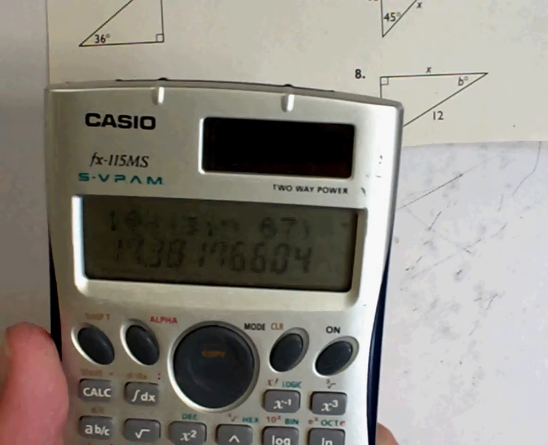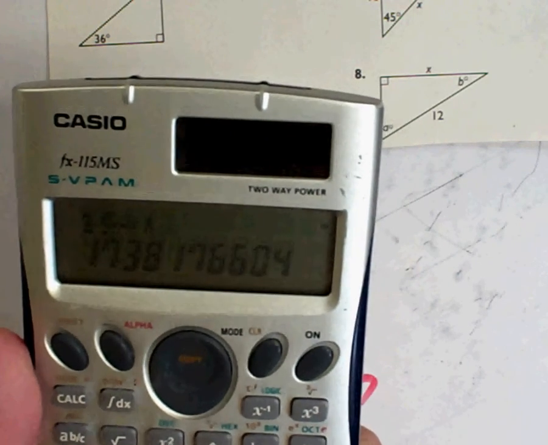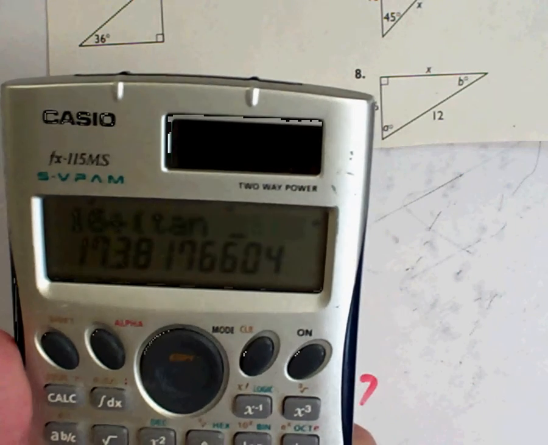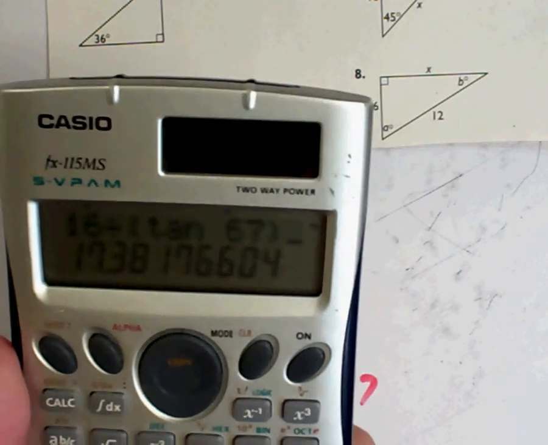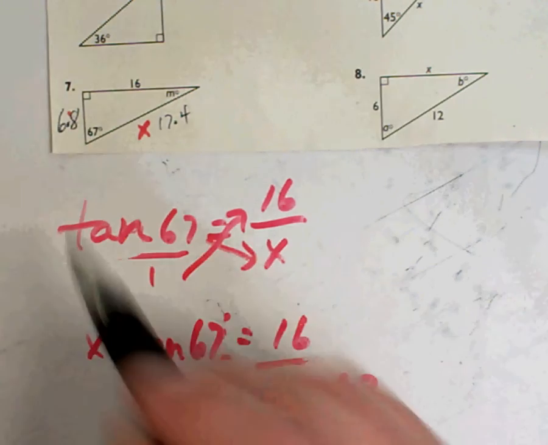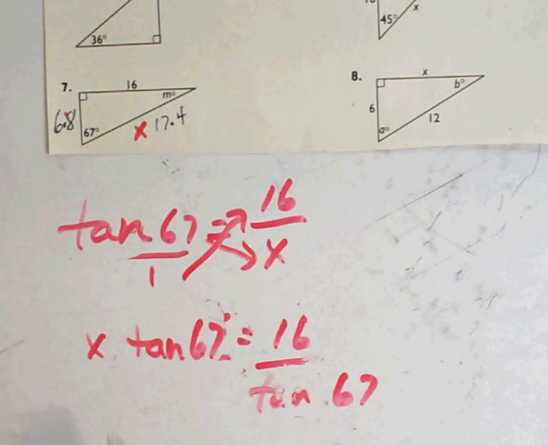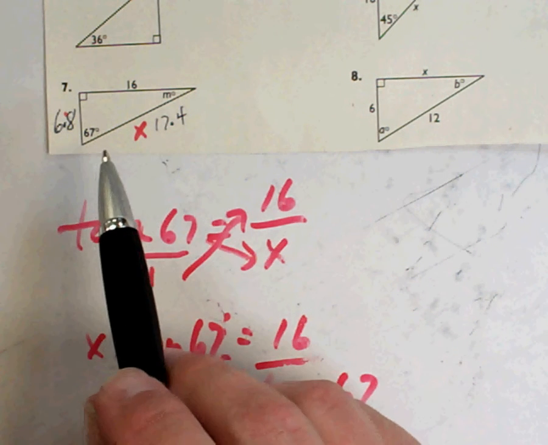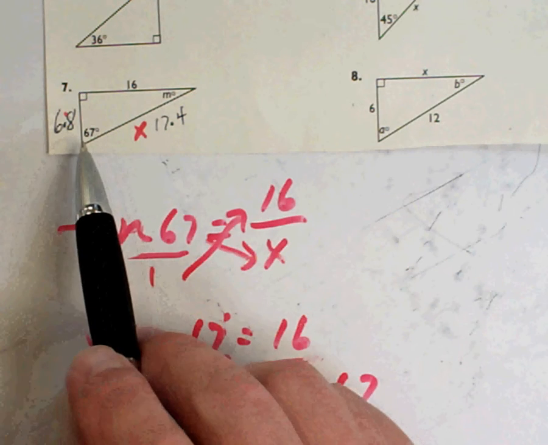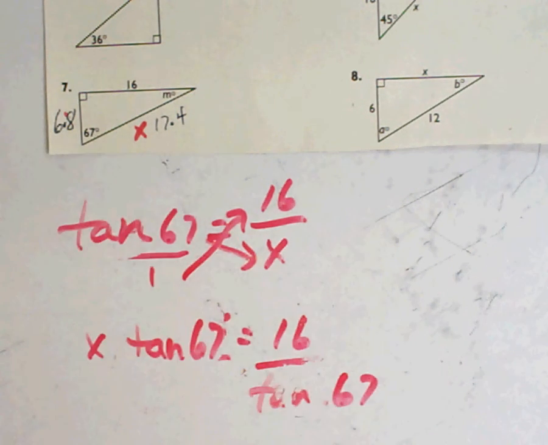And then if I did the 16 divided by tangent 67, there's that 6.8. See if that's logical. Small number, bigger number, biggest number. That's how I would do it. It's not a special triangle in this case. It's not a 45, 45, 90 or a 30, 60, 90, but I can use sine, cosine, and tangent to solve for it and got all the answers.